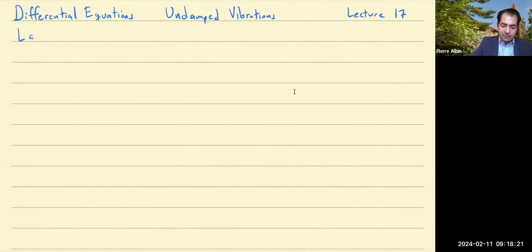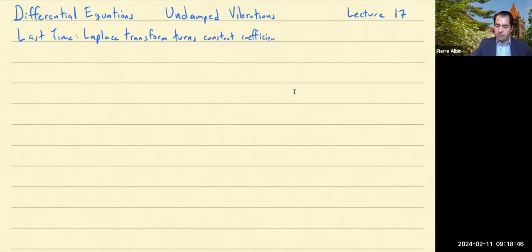Last time, we talked about how the Laplace transform turns constant coefficient linear ODEs into algebra.